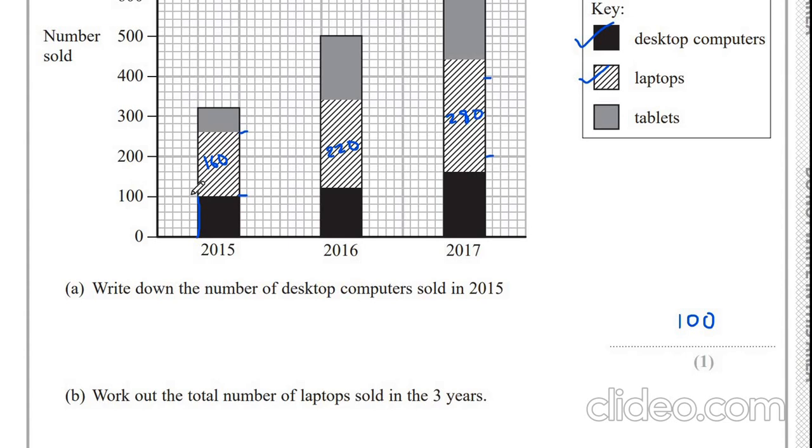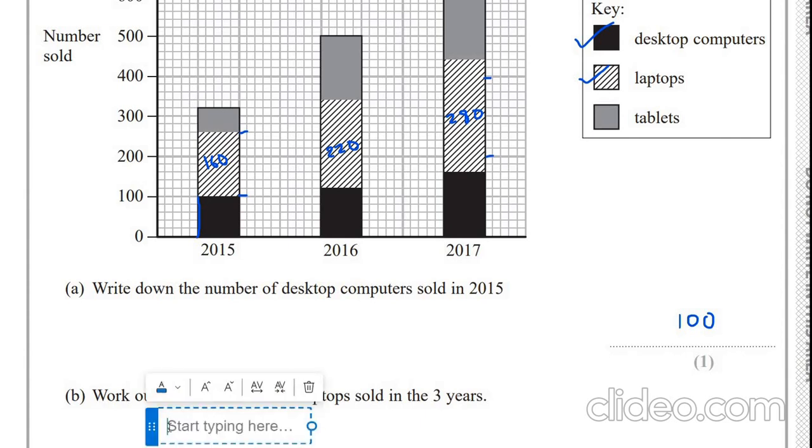And now we need to add these up. 160 plus 220 plus 280, and that is 660.